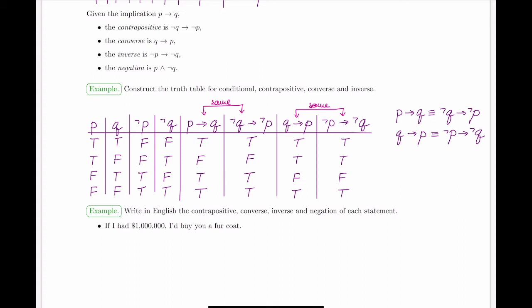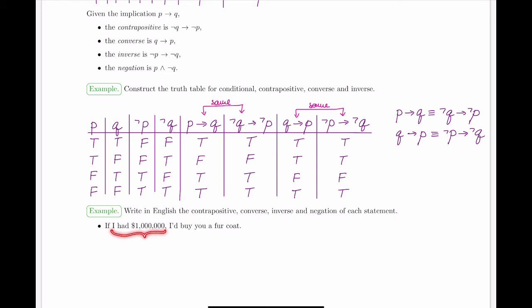Now, in order to further solidify what contrapositive, converse, inverse, and negation mean, we will take an English sentence and then write down the corresponding relative of the implication for them. So the sentence I'm going to start with is, if I had $1 million, I'd buy you a fur coat, straight from the Barenaked Ladies song.